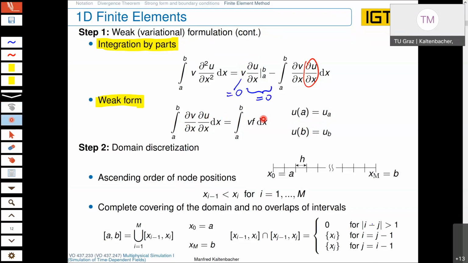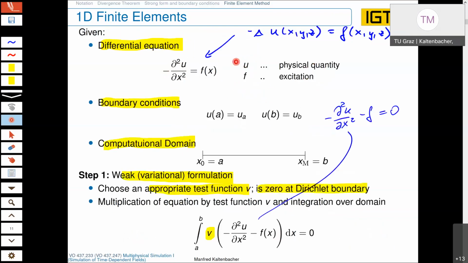Please keep in mind, if we have a Neumann boundary condition, where we have the first order derivative of our physical quantity, that there the test function should not be 0, because at this boundary we know the normal derivative but not the function itself. Okay, we will come to this later on, but as you know, here we have to solve a partial differential equation with pure Dirichlet boundary conditions.